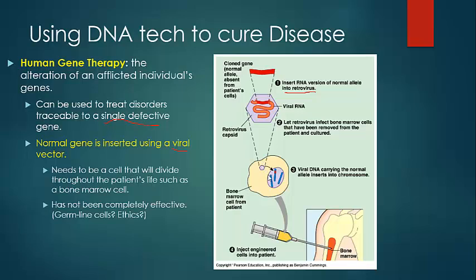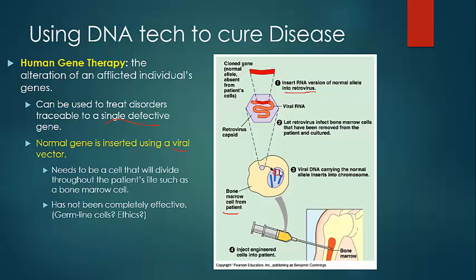The retrovirus infects the host cell, which is a bone marrow cell from the patient. We know that when retroviruses infect host cells, inside the host cell, the viral RNA is converted into DNA. That viral DNA then becomes a provirus. A provirus inserts itself into the host cell's genome.